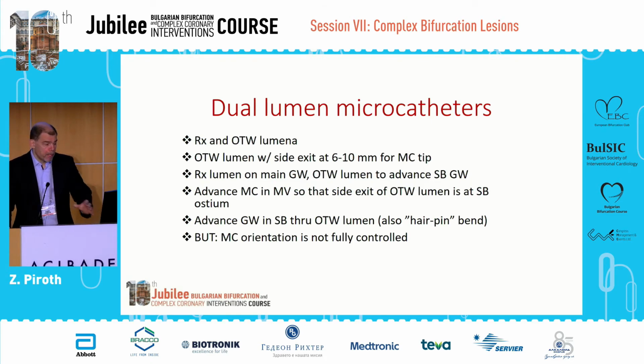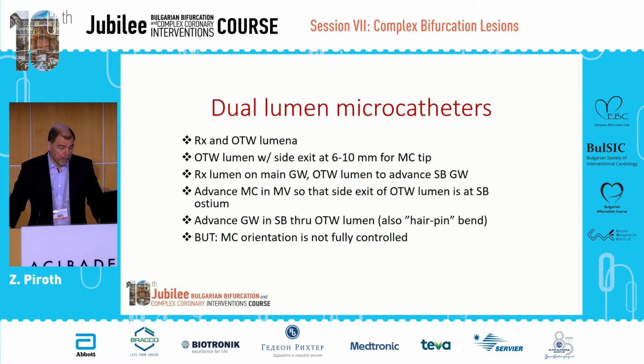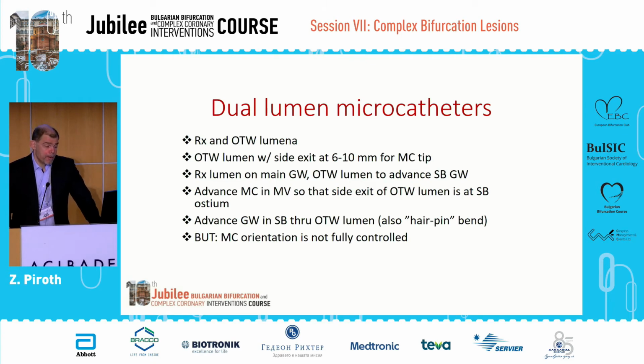So we usually place the microcatheter over the main vessel wire so that the exit site of the OTW lumen is at the side branch ostium, and we try to advance the guide wire through this OTW lumen. And it can be of any shape, so it allows even a hairpin bend on this wire.